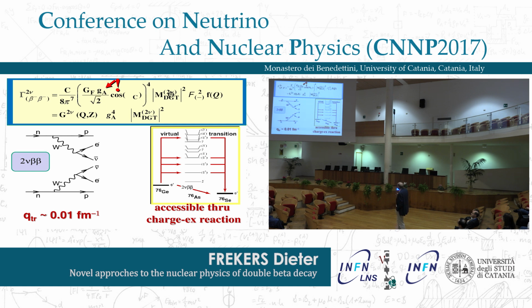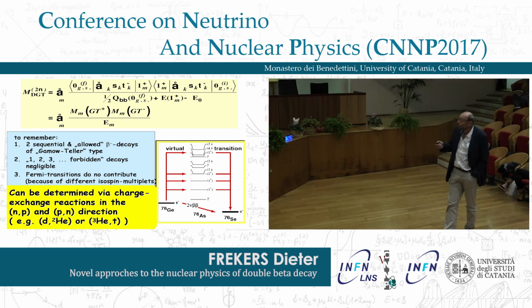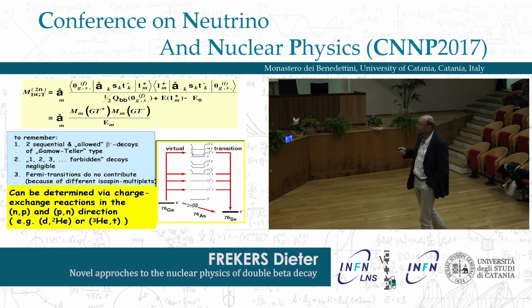You go through this branch, and do the charge exchange reaction on the other one, and then combine these 2 things. This is the formula, to remind you: a beta decay into an excited state, and from the excited state a beta decay to the ground state, divided by some denominator. So it's 2 sequential allowed beta decays.